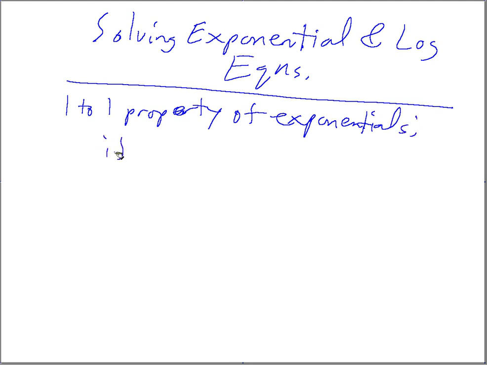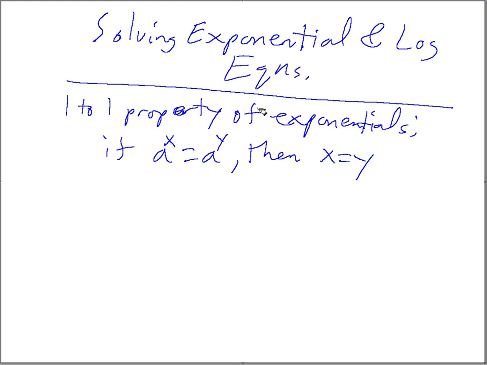If I have a base to a certain power x equal to a base to a certain power y, same base, right? Base is a in this case. The conclusion then, since these are one-to-one functions, is that x must be equal to y. In other words, we can set the exponents equal to each other in that situation.